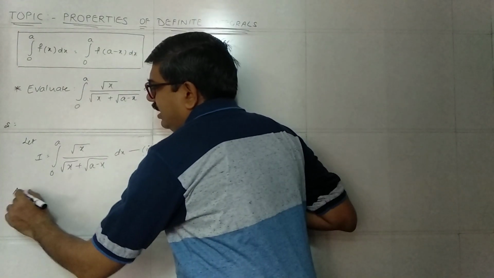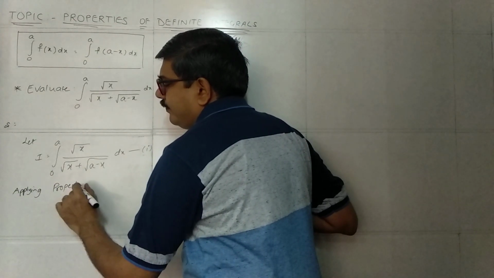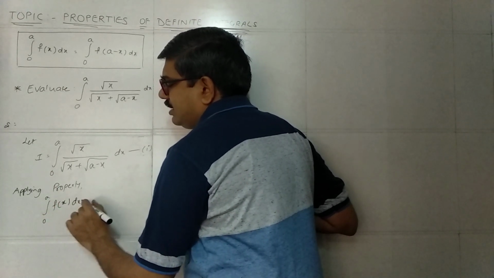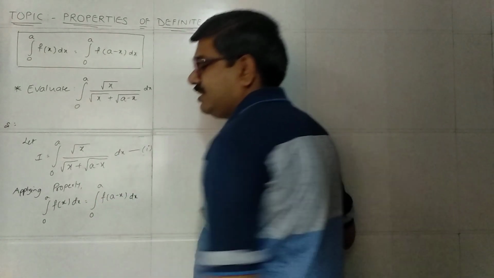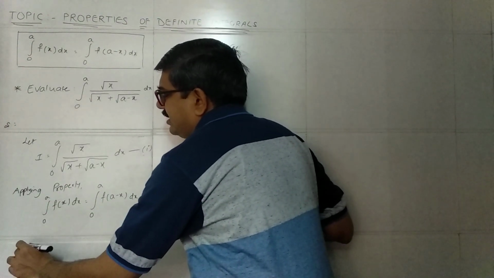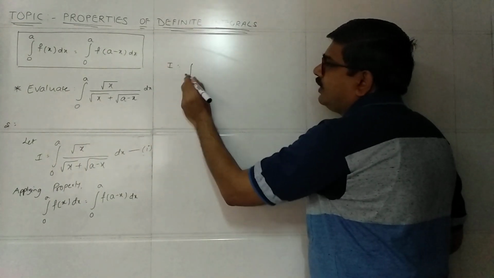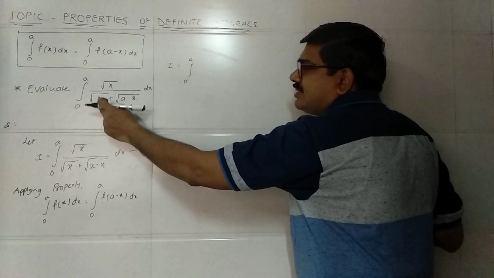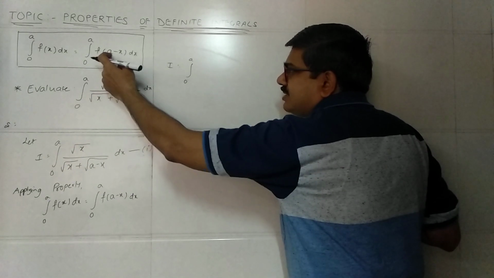So, applying the property: integral 0 to a f of x dx is equal to integral 0 to a f of a minus x dx. So I is equal to integral 0 to a, in place of x, as I told you earlier, put a minus x.